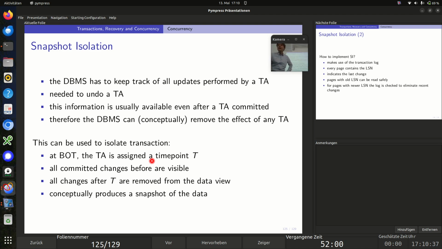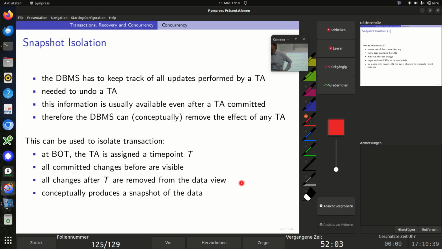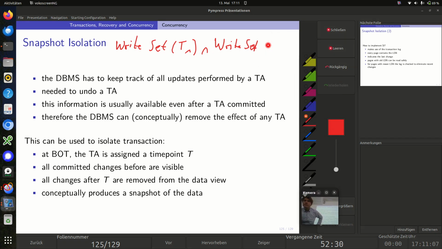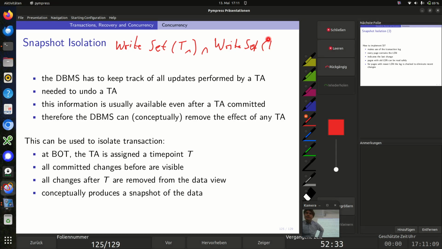So what I actually do in snapshot isolation is I have the write set of one transaction, and I compare it to the write set of another transaction, and I check whether this has changed.